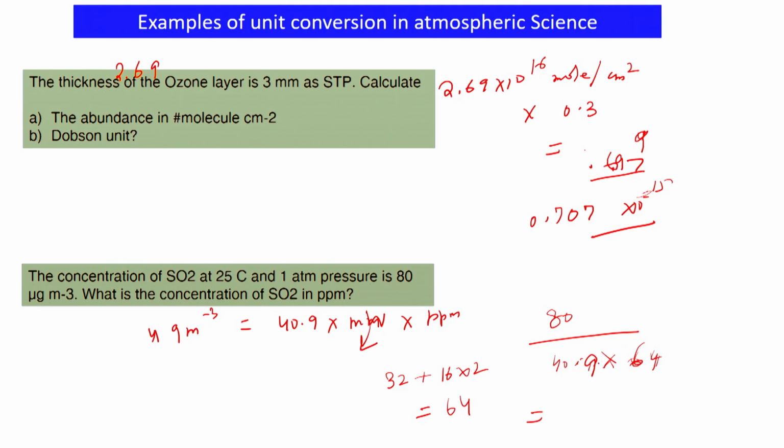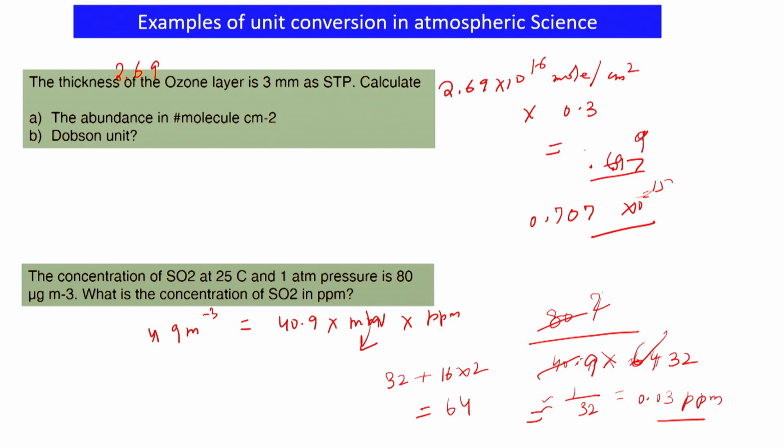If I take an approximation and take 40.9 as 40, it will be 2, and then 1 upon 32, something like 1 upon 32, and 1 upon 32 will be equal to 0.03. So this will be your concentration. So just remember that these calculations are very important. In papers you will read that sometimes numbers are given in ppm, and sometimes numbers are given in microgram per cubic meter.